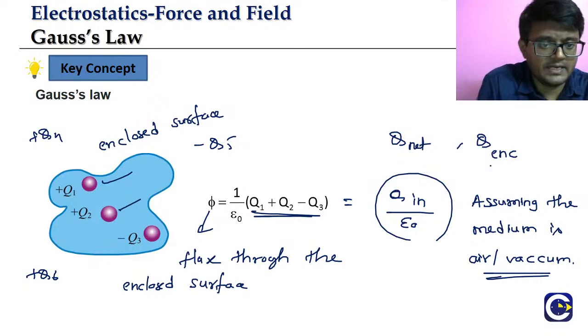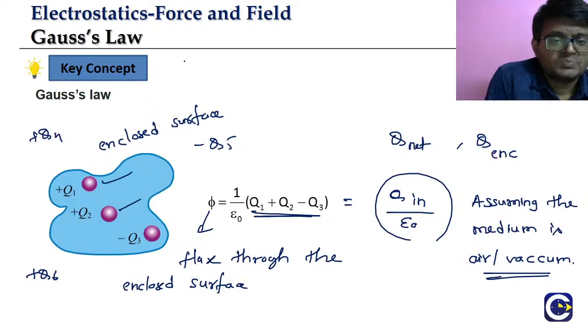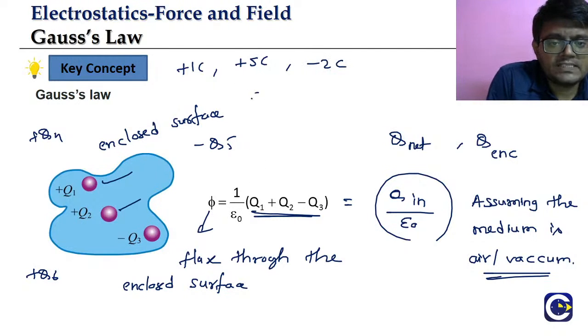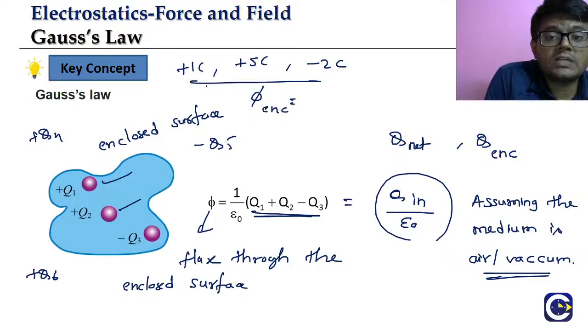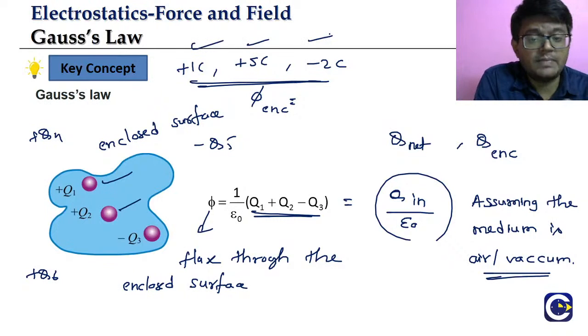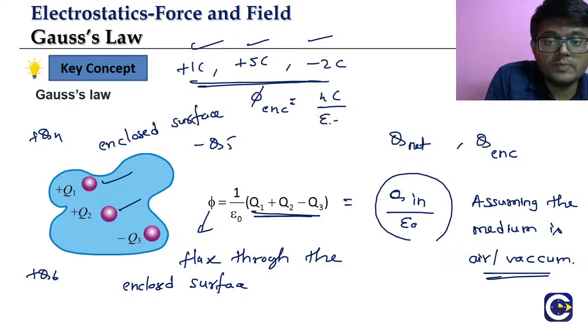Okay, so now look, let's say for example inside that enclosed surface the charges are plus 1 coulomb, plus 5 coulomb, minus 2 coulomb. Then what will be the situation? Flux through that enclosed surface will be equal to the total charge inside. We add all the values: 1 plus 5 is 6, minus 2 is 4 coulombs, divided by epsilon naught.